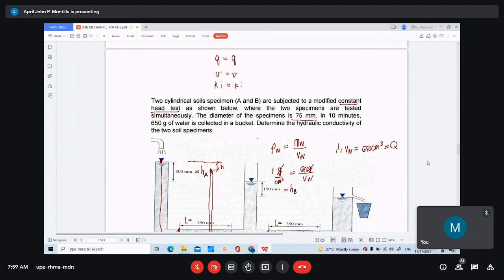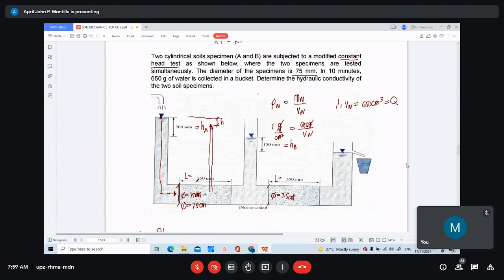Tama? Eh ngayon, kapag i-consider natin mismo yung tatlong pipe na to or tatlong piezometer na to that is attached kay soil A, nakatouch silang lahat kay soil A, di ba? Ibig sabihin, yung hydraulic conductivity ay iisang lupa, yung ina-analyze.